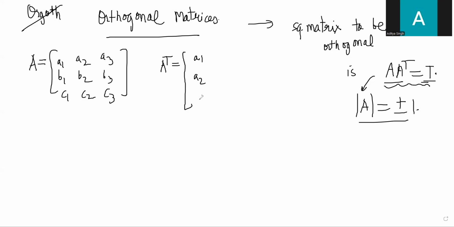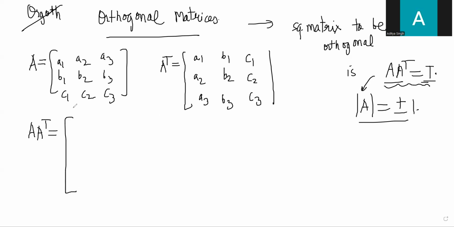A1, A2, A3, B1, B2, B3. Correct? Now, what happens if I multiply A into A transpose? Let's see what happens. So this is a normal multiplication. There's no smart trick or anything. You just have to multiply it out.